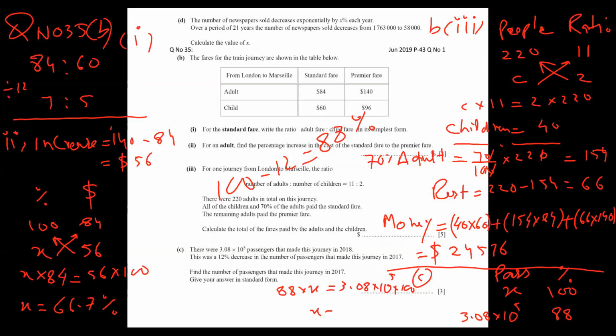So X equals 3.08 into 10 to the power 5 into 100, divided by 88. And the final answer is coming. The old value, what is the number of passengers who traveled? 3.5 into 10 to the power 5. So this is my answer.